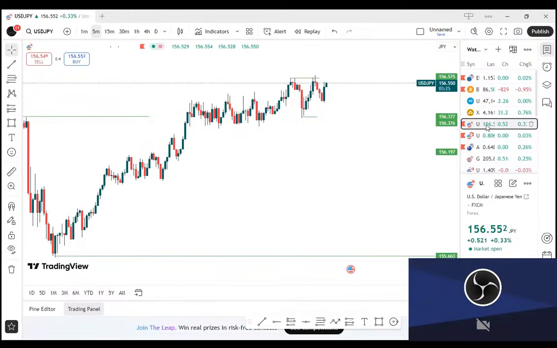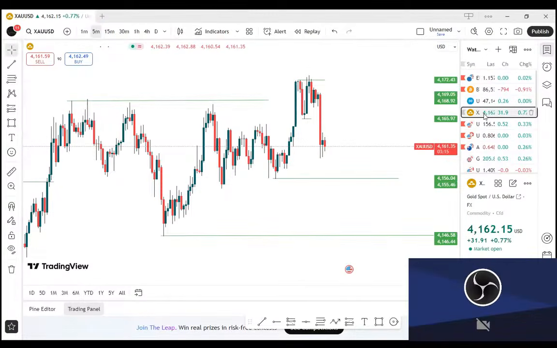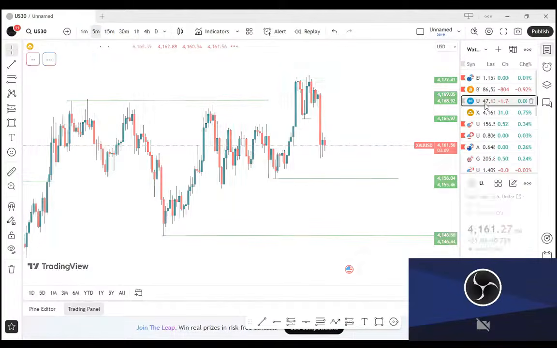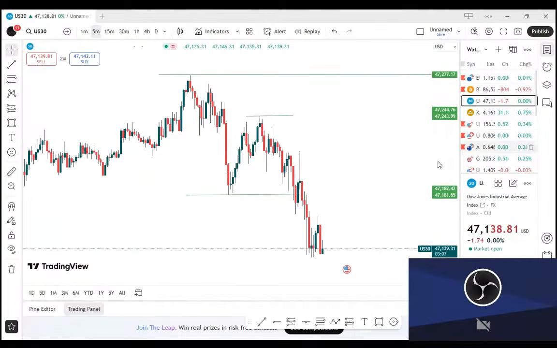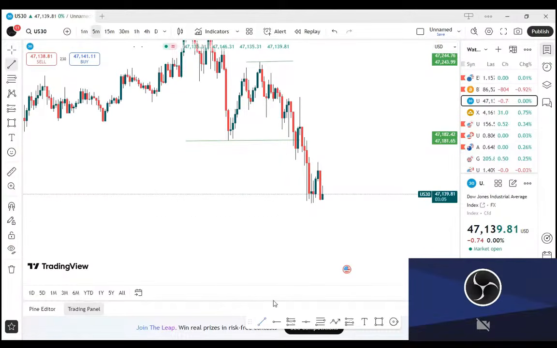Then this USD JPY. So what about Euro USD? Euro USD, okay, Euro USD is still here. And this could go rejected here, and then coming straight down here. And this is USD CAD.